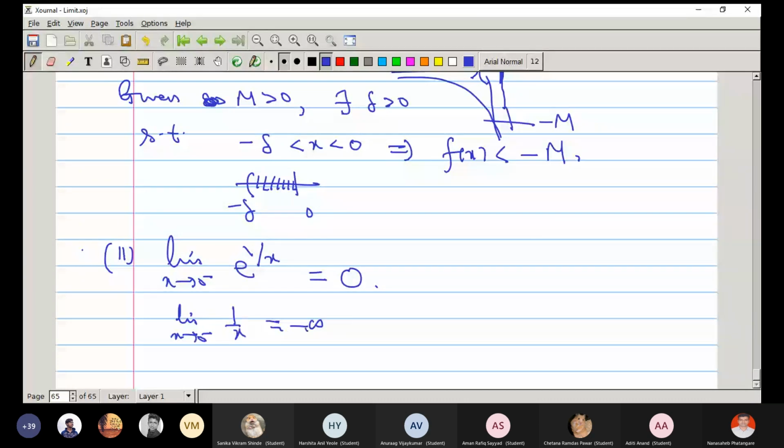Because 1 by x approaches minus infinity, e raised to 1 by x approaches e raised to minus infinity, which approaches 0. Approaches means what? Not exactly equal to, so it approaches. So this is what we can understand. Now, can you see the nature of this function e raised to 1 by x?